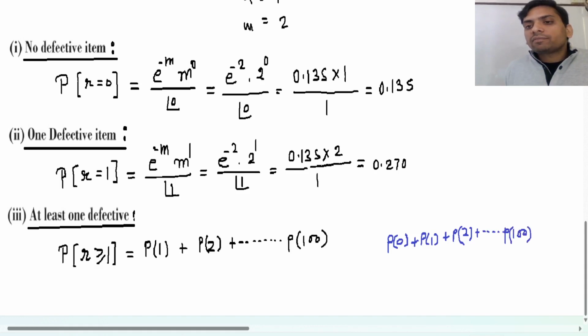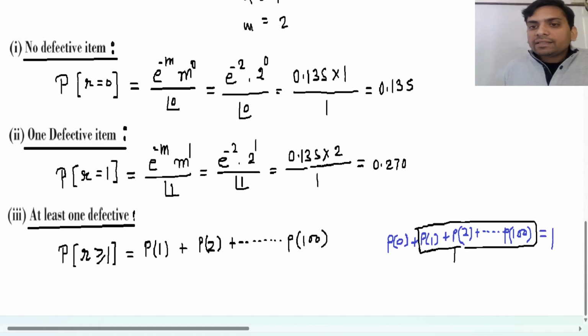This total probability is always 1. Clear? And you need the part from 1 to 100. You need this calculation only. So you can write this part as 1 minus P0. We will shift this P0 to this side, so this becomes 1 minus P0.